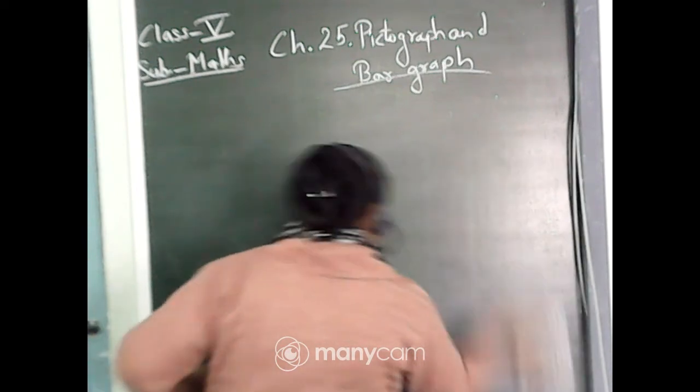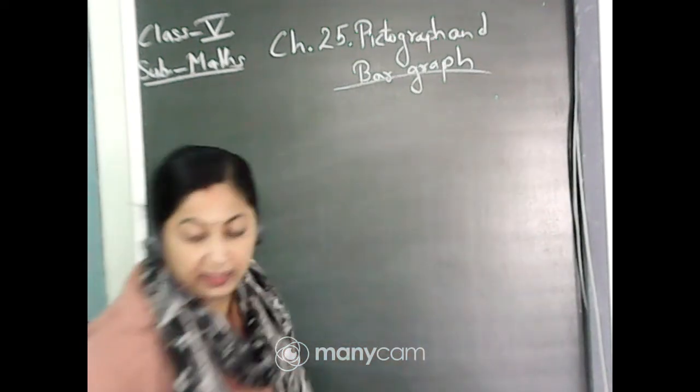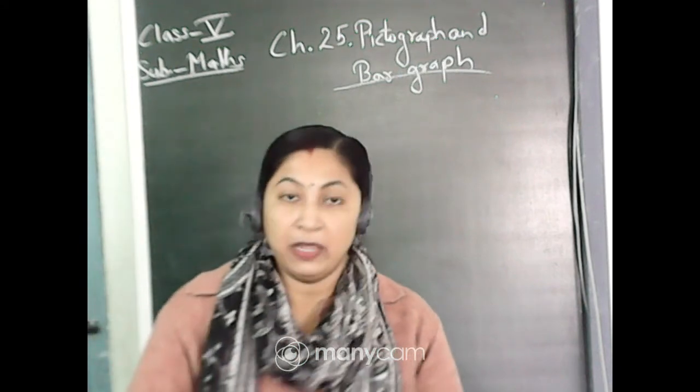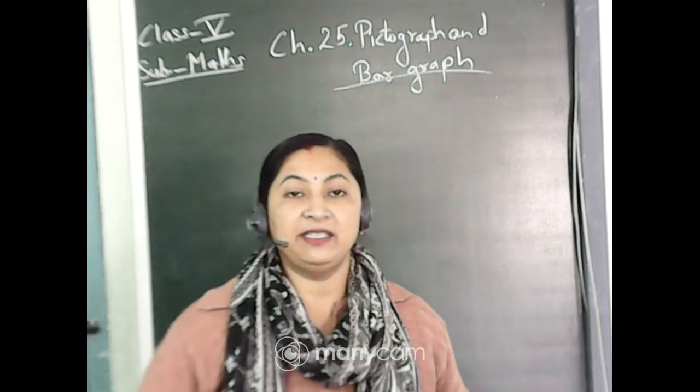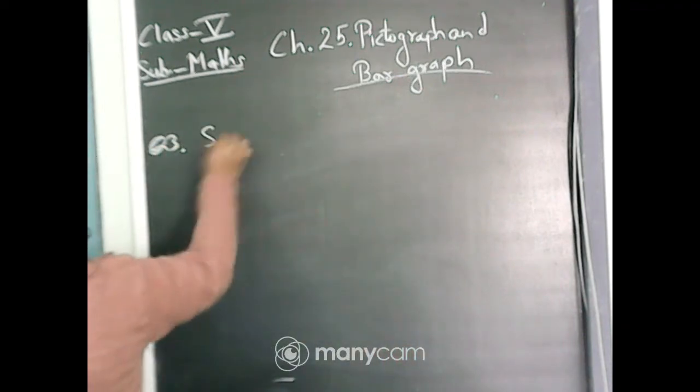You can take any other representations also. It is not necessary that you have to take the triangle only. To draw the triangle, it is easy and very quick. That's why I'm taking a triangle. Okay, so this is question number 3. You will write the same thing.